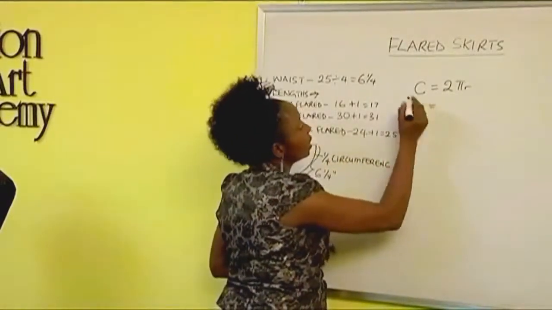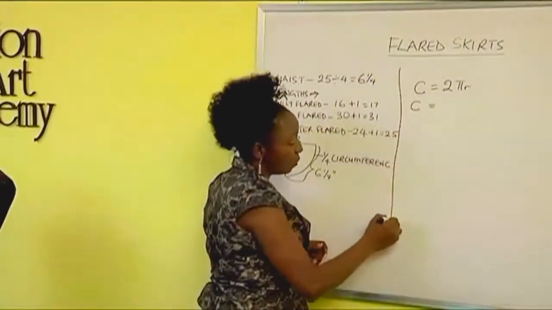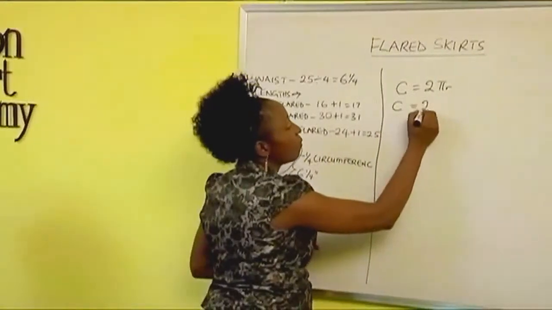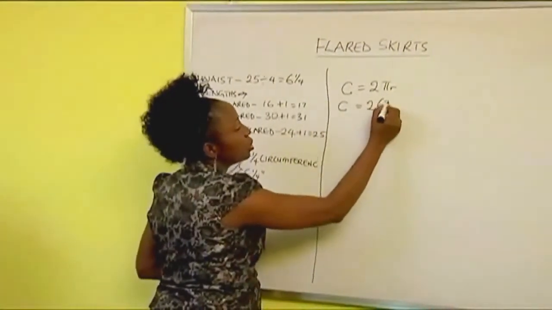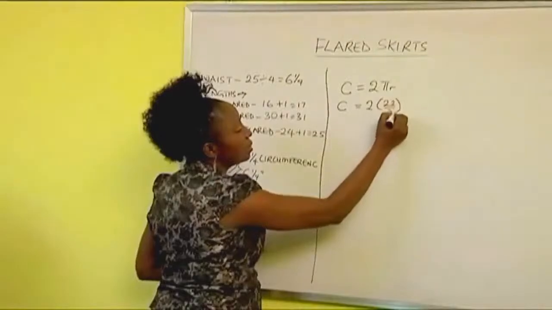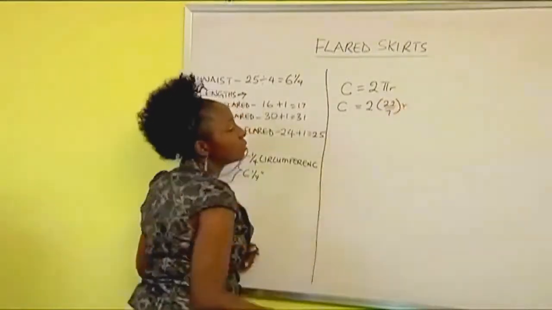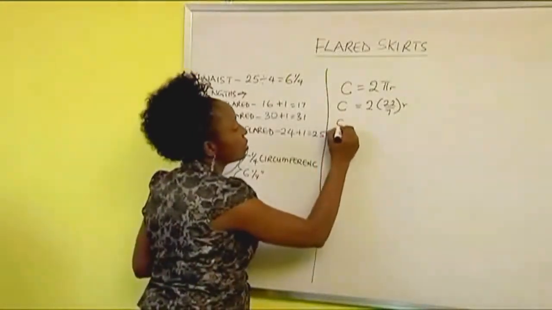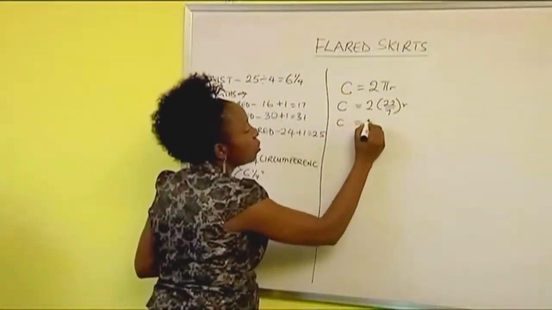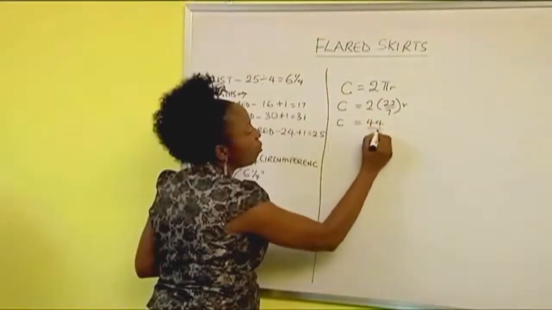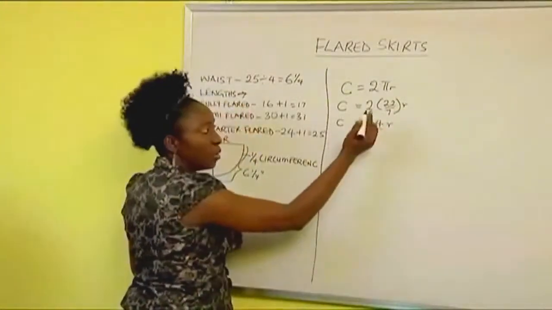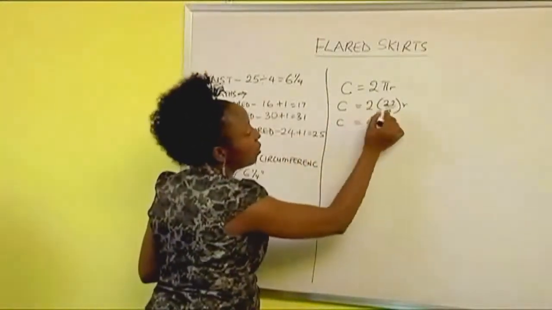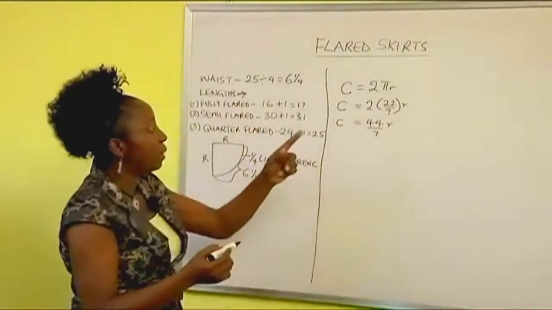C equals 2 into bracket 22/7 times r. I'm going to open that up a little, so I'll give you C equals 44/7r, because I just multiplied 2 times 22. That's all I have to do, and I get my 44/7, and that will multiply by r.